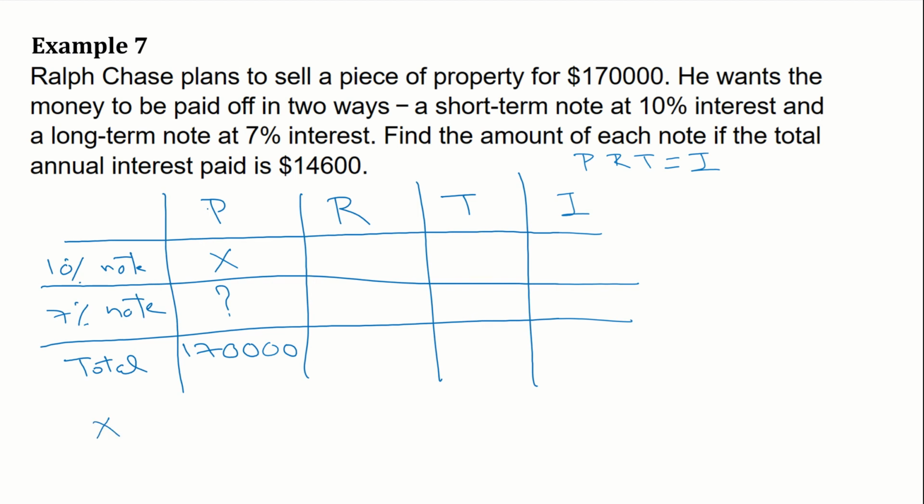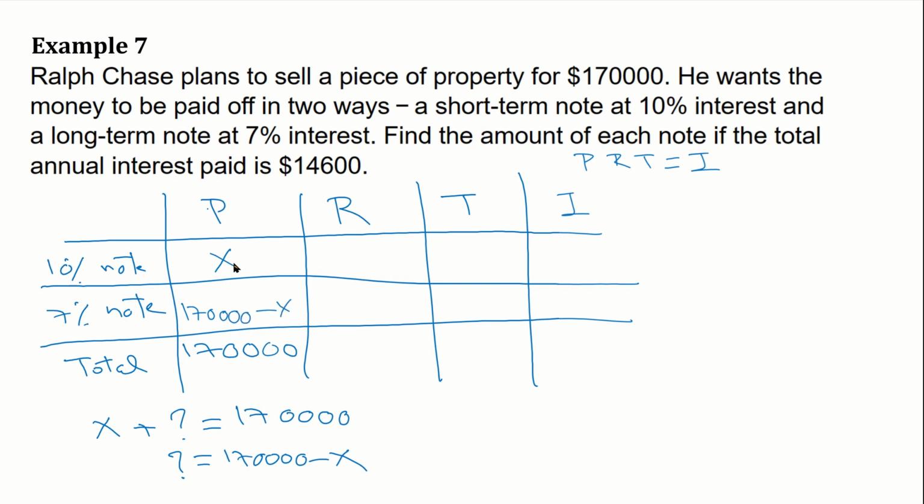X plus however much that question mark is should add up to 170,000. It's very easy to find: just subtract X from both sides and you get 170,000 minus X. So that's how much is going to go there.